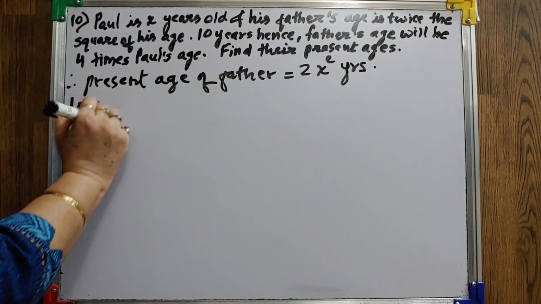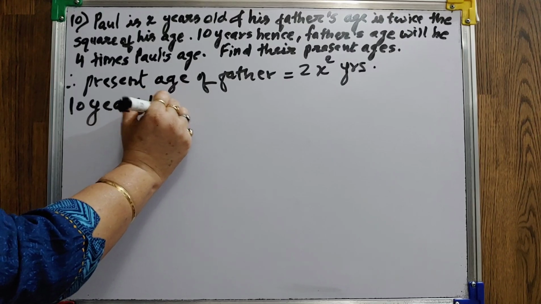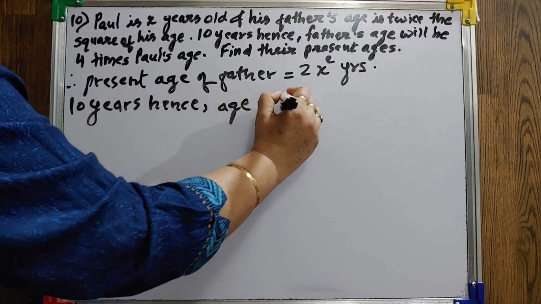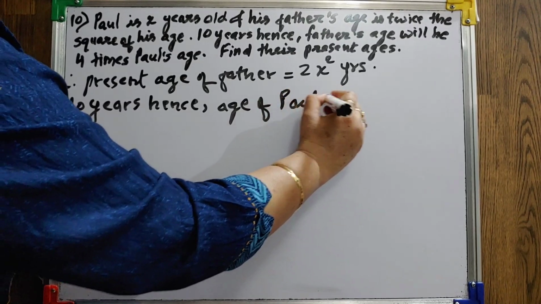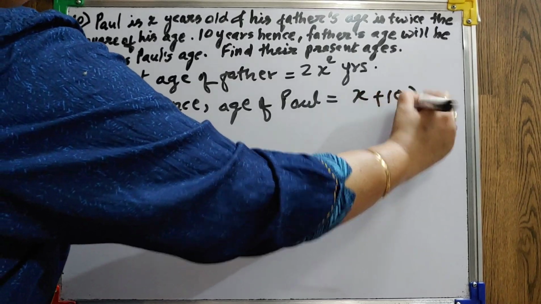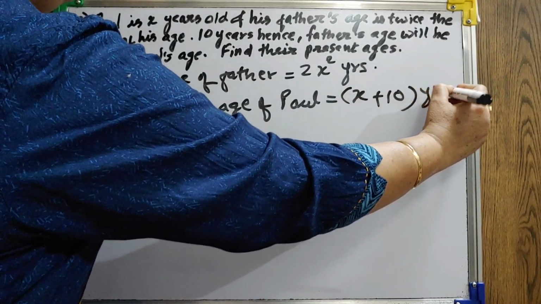10 years hence, after 10 years, age of Paul, whose present age is x, will be x plus 10 years.